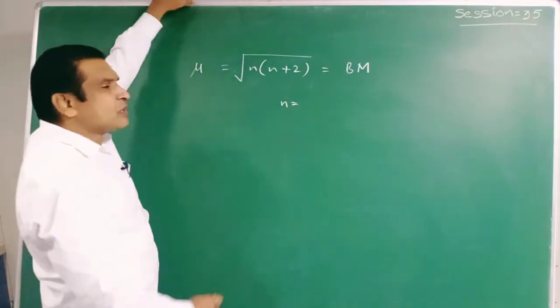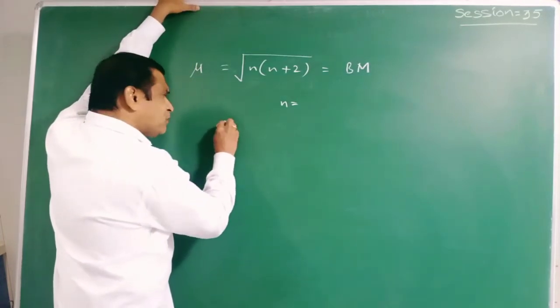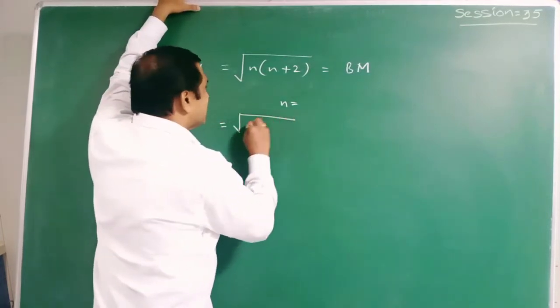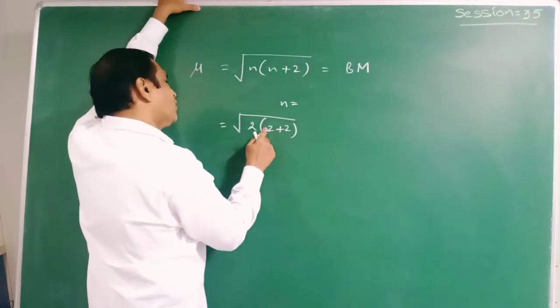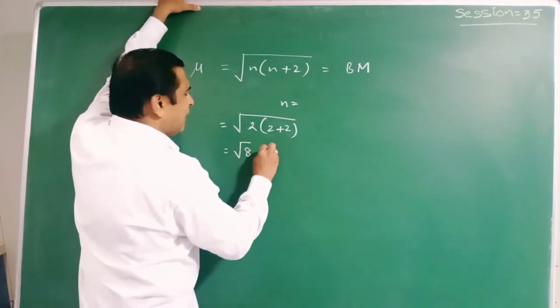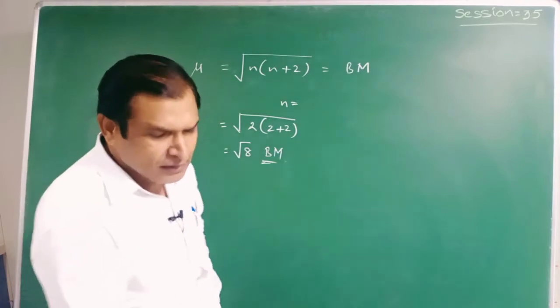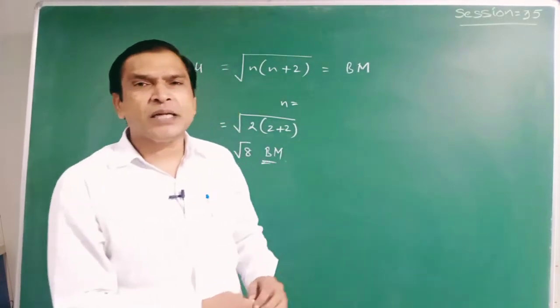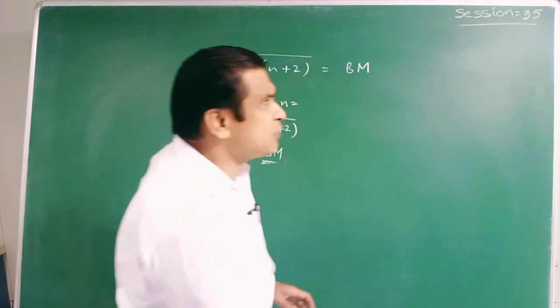Suppose the atom or ion contains 2 unpaired electrons, that is 2 into 2 plus 2, which is 8, so the magnetic moment is root 8 Bohr magneton units. Like that we can calculate the magnetic moment of paramagnetic species. That also we completed.